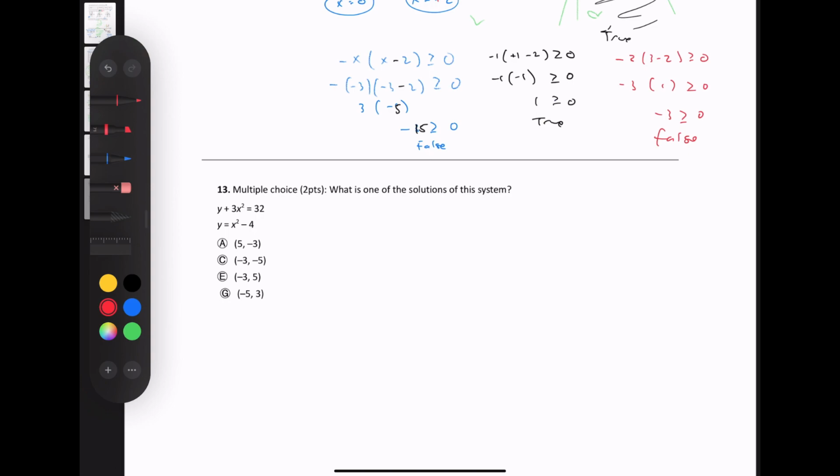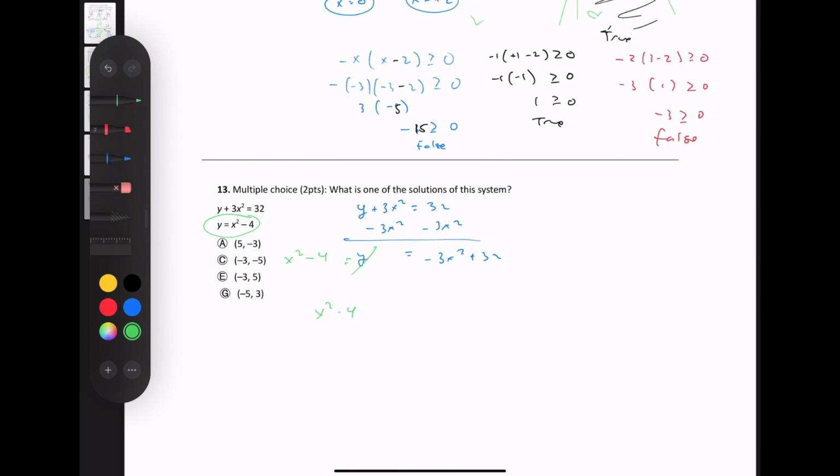Number 13, let me just set these equal to y. So y plus 3x squared equals 32. Y equals -3x squared plus 32. Y is equal to x squared minus 4, so you don't need that.